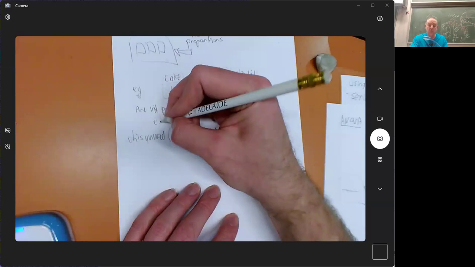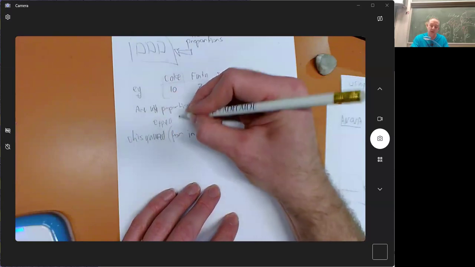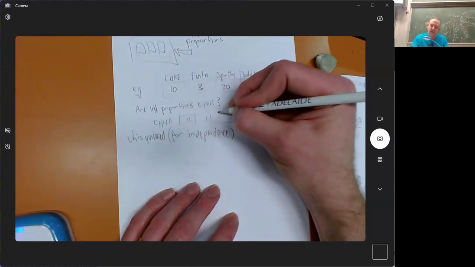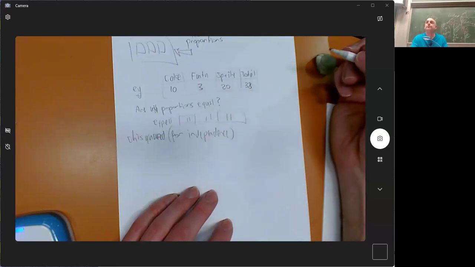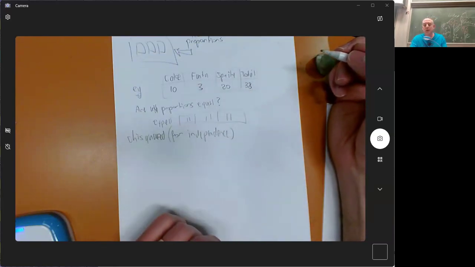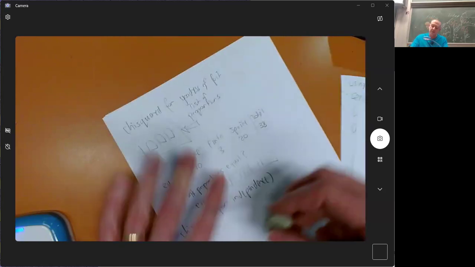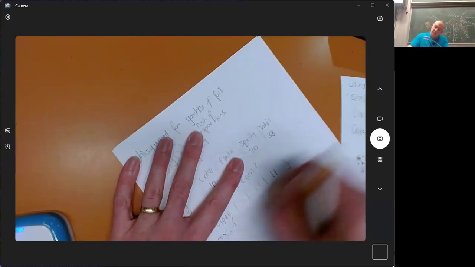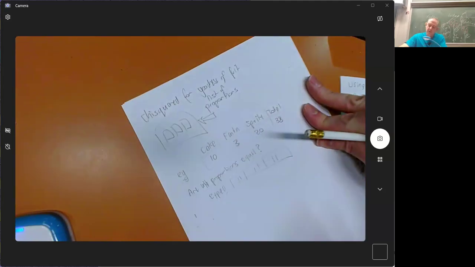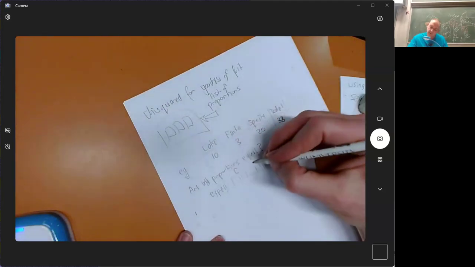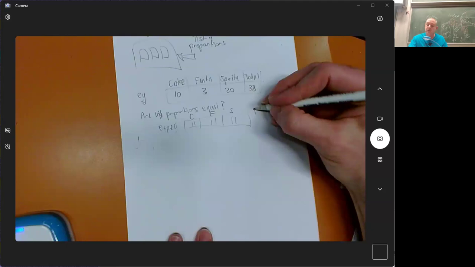And then what you would have expected would be 11, 11, and 11, because then they'd all be equal. And so what you do, damn it. So, yeah, that's right. And the total's still 33, right?